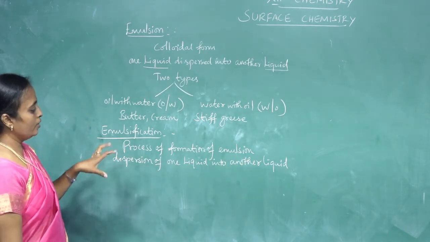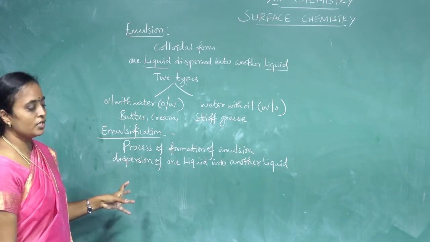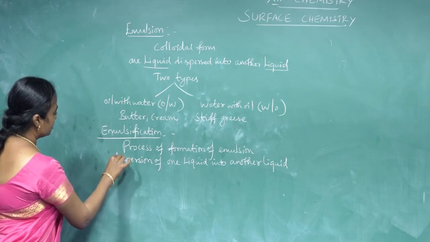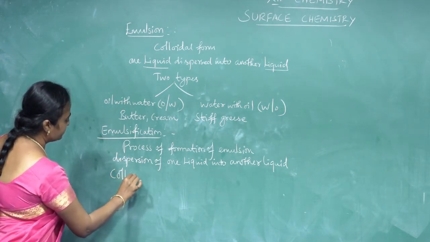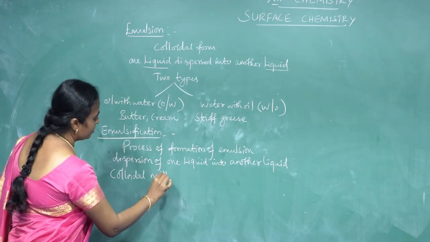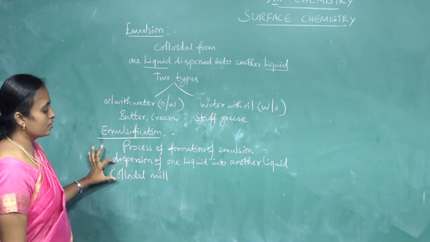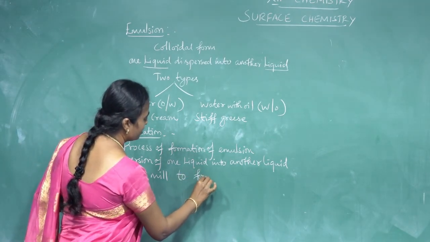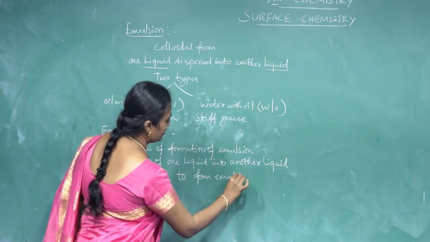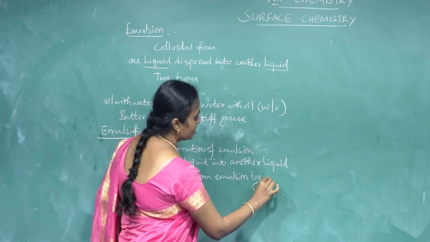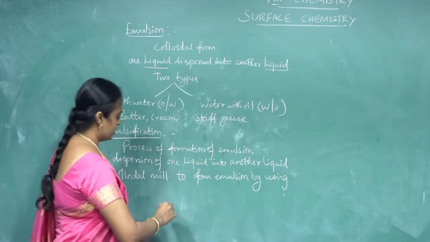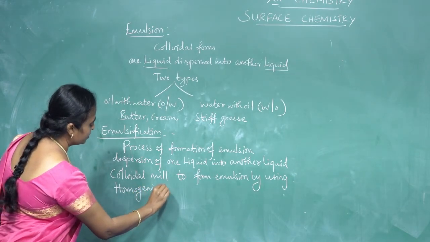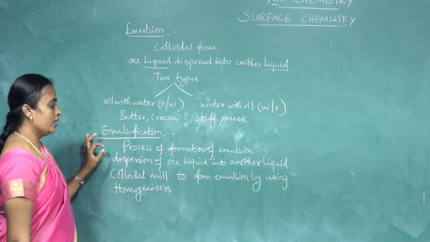For example, a colloidal mill is used to form an emulsion, using homogenizers.